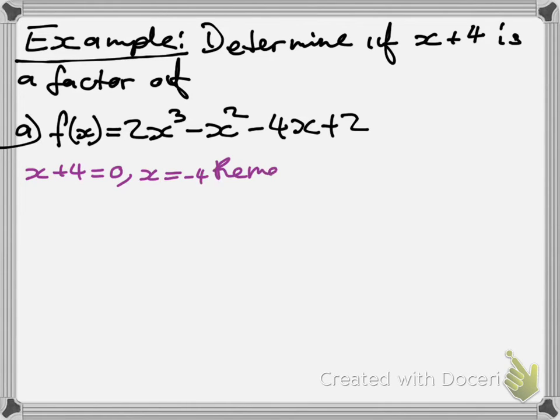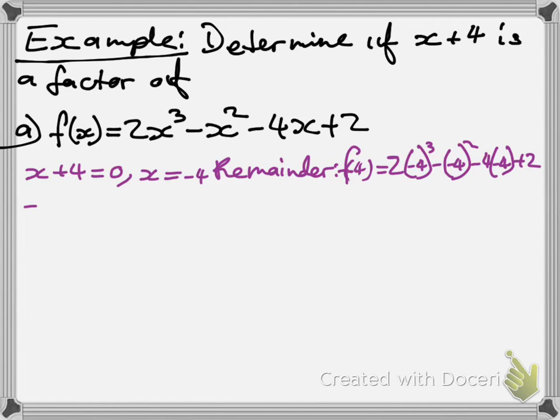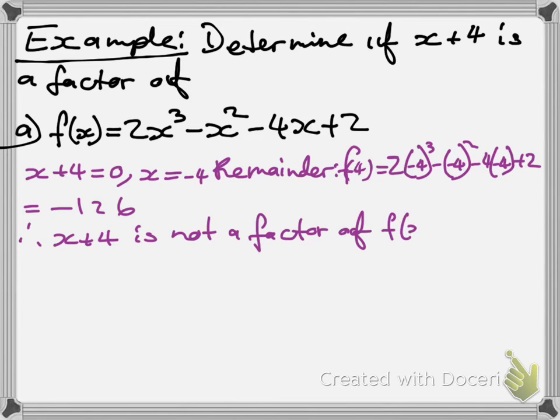So we equate our divisor to 0, and solve for x, then we substitute the value of our divisor into f of x. So here we are going to be putting negative 4, right? So you punch that into your calculator quickly, you see that your f at negative 4 is 126, meaning that x plus 4 is not a factor of f of x.